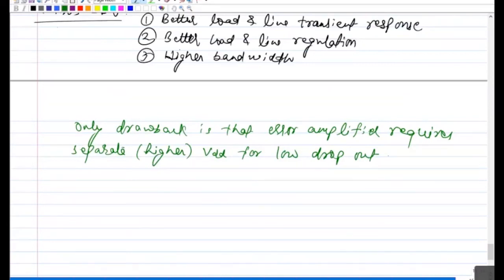Let me, I forgot to mention one more point: smaller size of pass element.